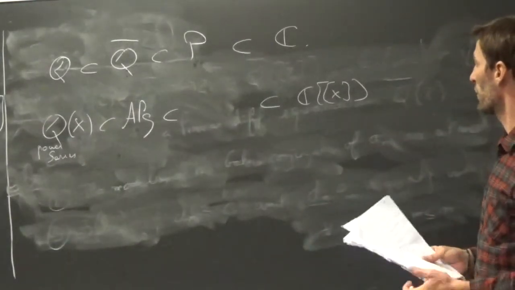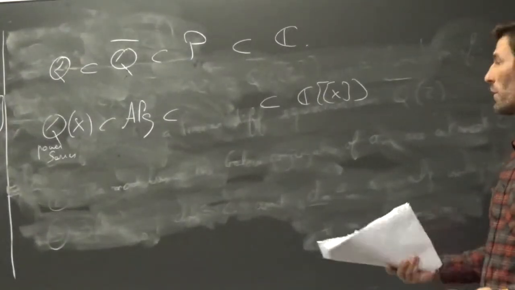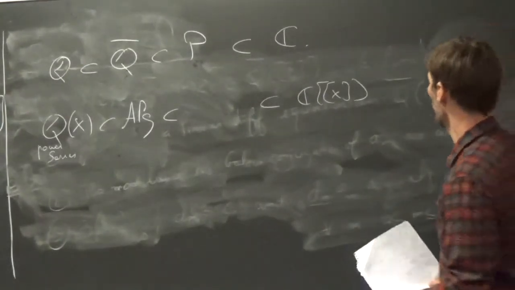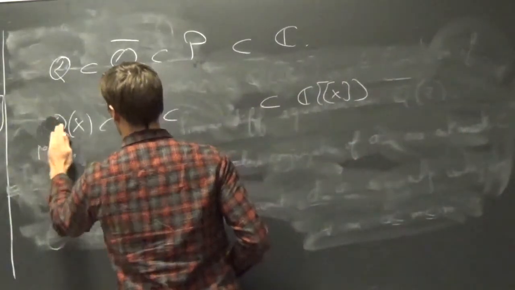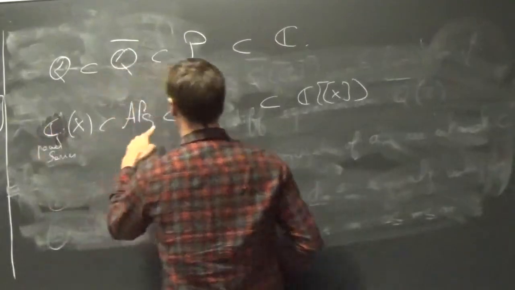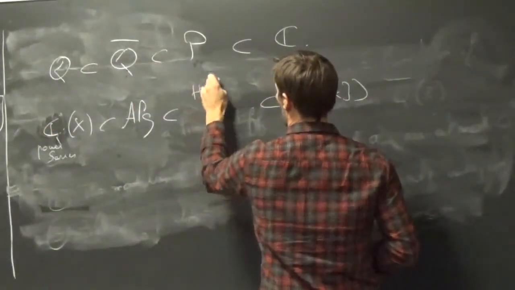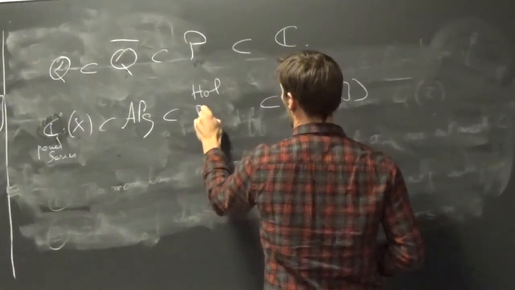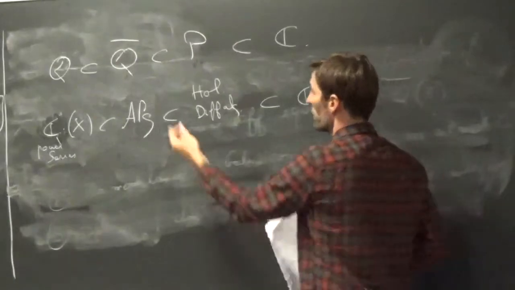Maybe you can choose a holonomic function, or maybe we start with C here. So you could consider maybe the holonomic or differentially algebraic power series, but also the G functions.